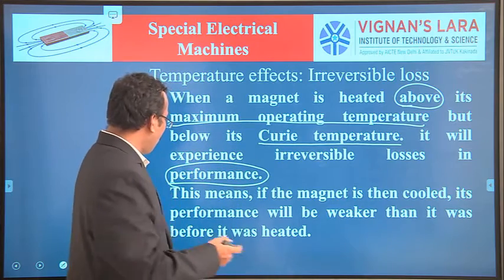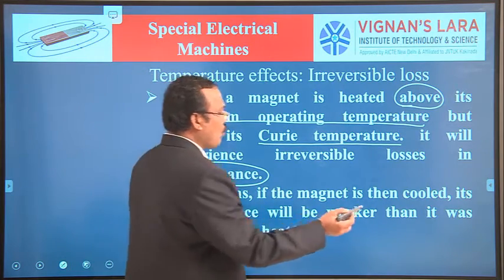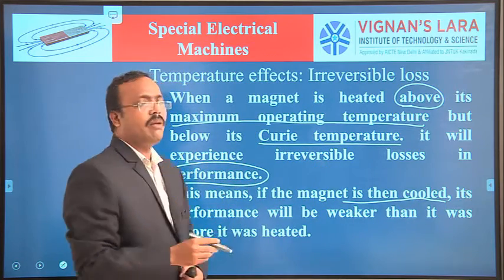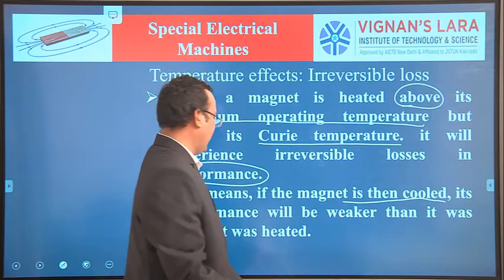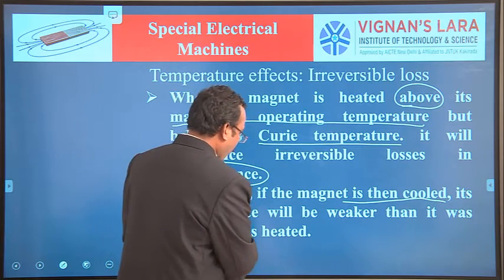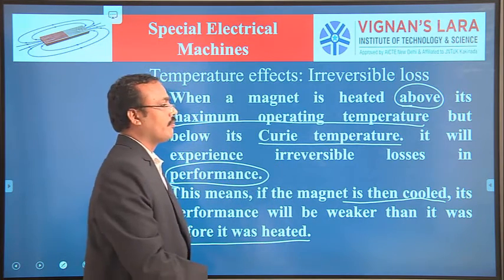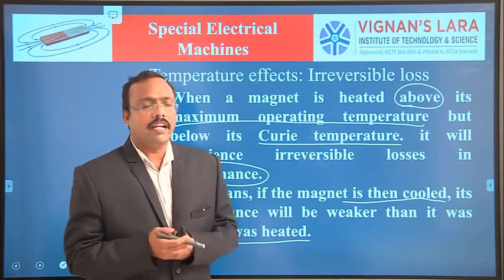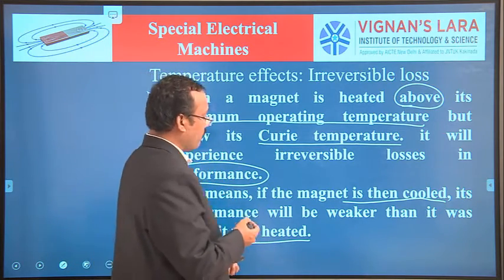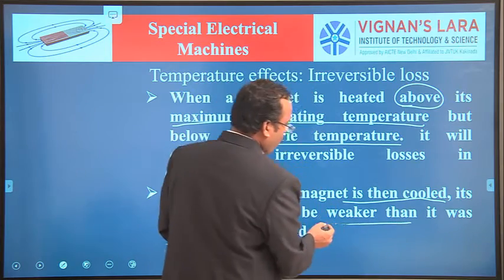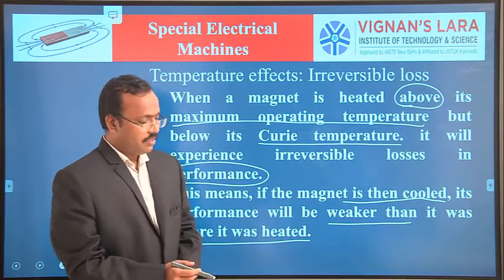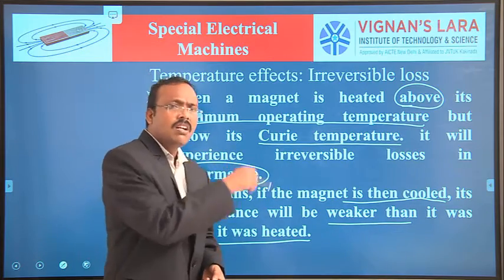Clear? So this means if the magnet is cooled after some time, its performance will be weaker than it was before it was heated. We cannot recover all the original magnetic property. This is called irreversible losses.